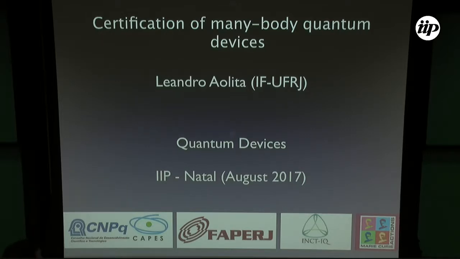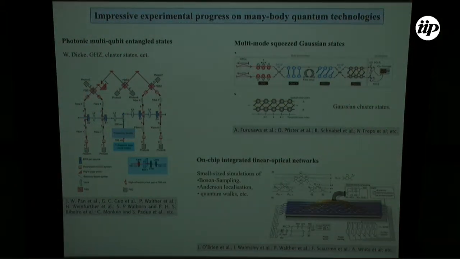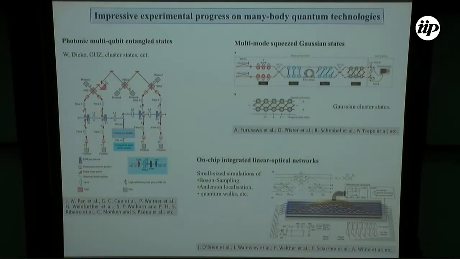So yeah, okay. Good. I would like to motivate my talk with 2 slides, with a little overview of the advance of many-body quantum technologies. Now I'm going to be talking about many-body quantum devices. There's been an impressive advance in technologies.